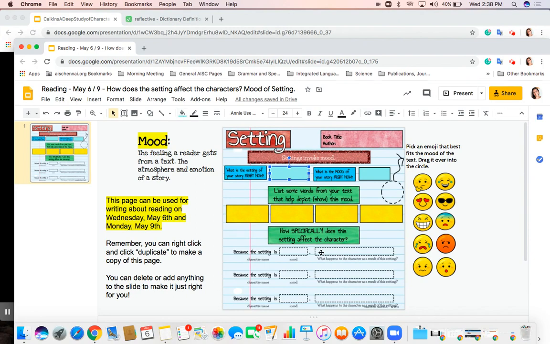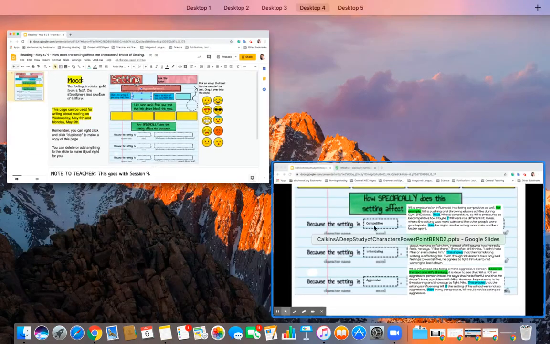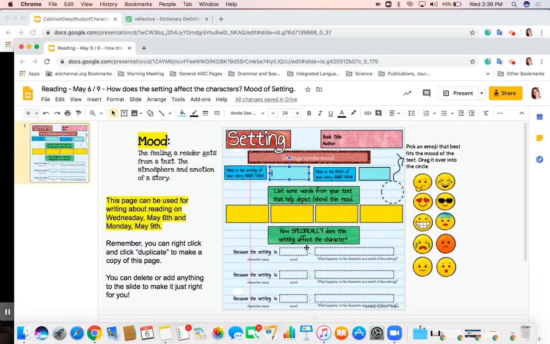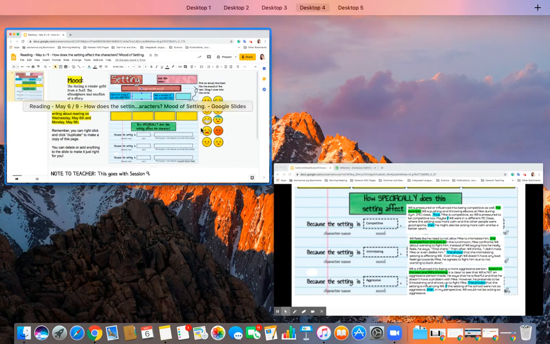But did you notice in the digital journal page, the space to include evidence is very small. And from the video lesson, you know that you need to include text evidence plus analysis. So you're going to need a bigger space. It's really important that when you use the digital journal pages, you don't just do whatever's on the page.